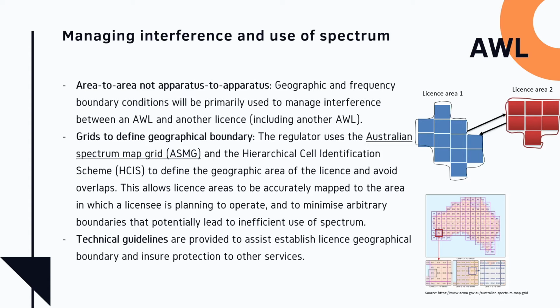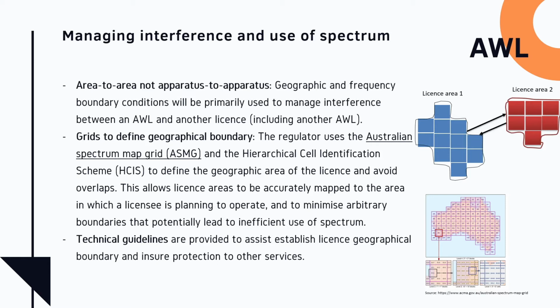Technical guidelines are provided by the regulator to assist in establishing the license boundary for a given application. These technical guidelines are typically closely followed by registered private assigners. So in Australia, we have private assigners. We call them accredited persons, or APs, who go through the proper modeling and analysis to establish HCIS cells that require licensing.